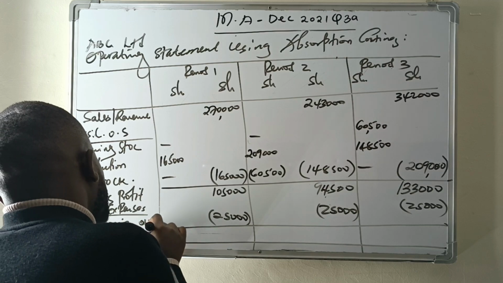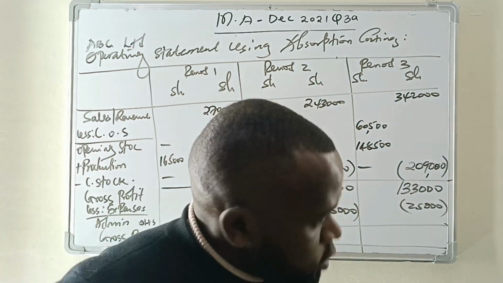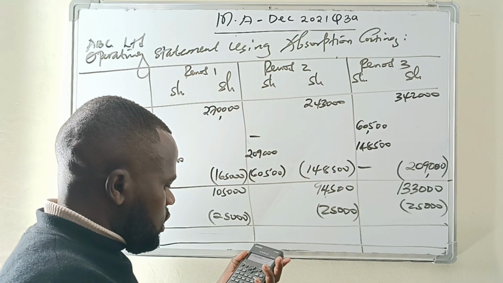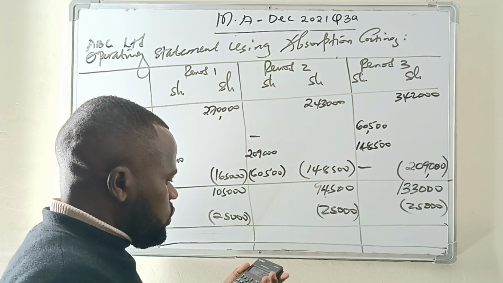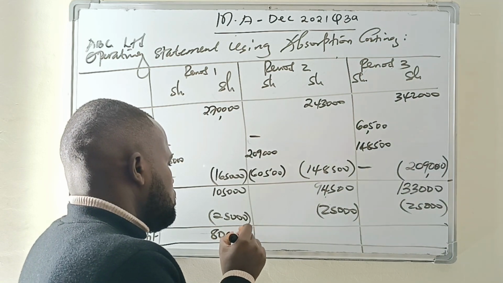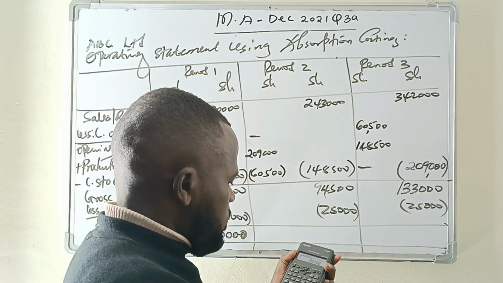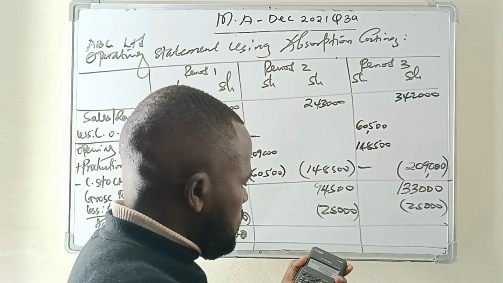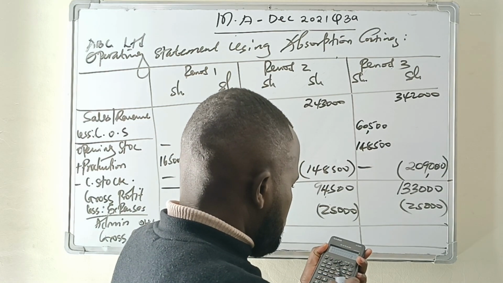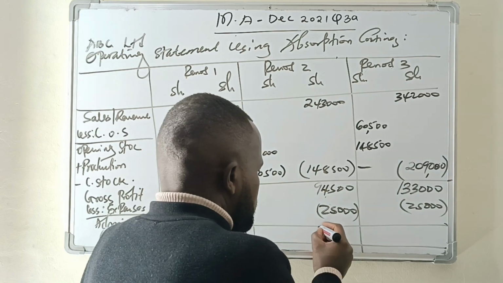Profit for the 3 periods. My gross profit is 105,000 less 25,000, which is 80,000. The next one is 94,500 less 25,000, I'm getting 69,500.